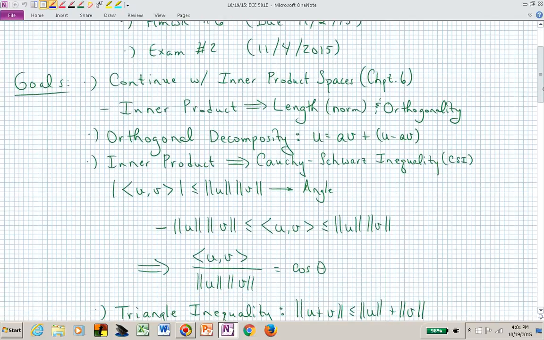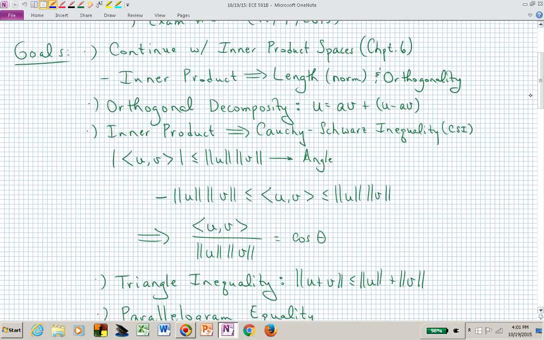Today what I want to do is continue our discussion of chapter 6, which is dealing with the inner product, which when combined with a vector space gives us these inner product spaces. The inner product gives us a length, and it gives us an angle, or a sort of how close are these vectors to one another, where vector is not necessarily the traditional vector.